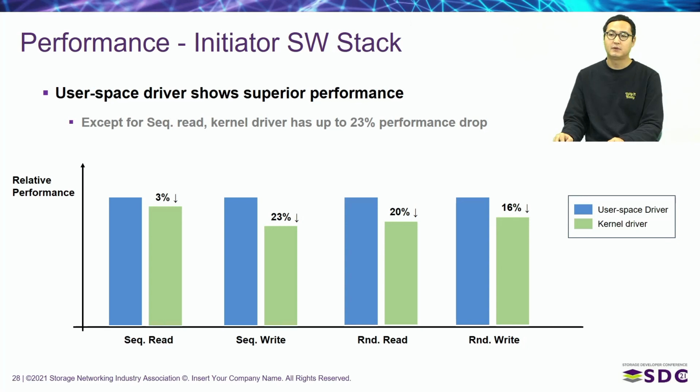But except for that, the kernel driver has up to 23% performance drop. This gives us an insight that in order to fully exploit NVMe-oF performance, it is important to consider the initiator side software stack as well.